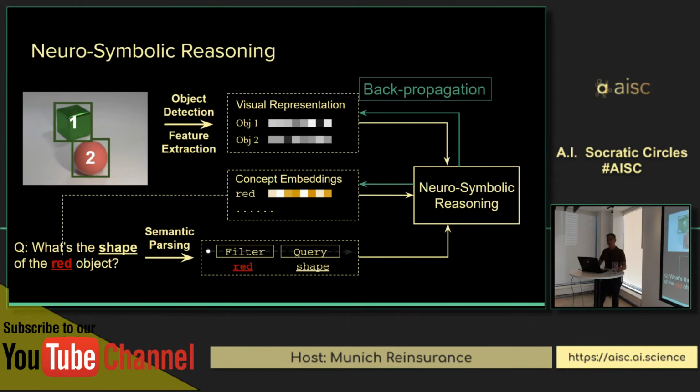During training, the ground truth answer to this question, in this case sphere, is used, and this right answer is used to backpropagate to the concept embeddings and the visual representation spaces.